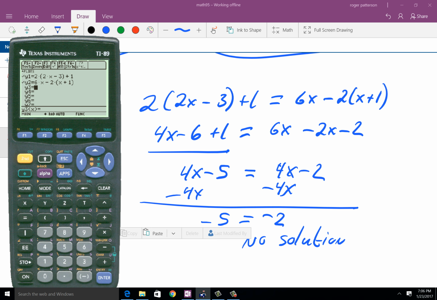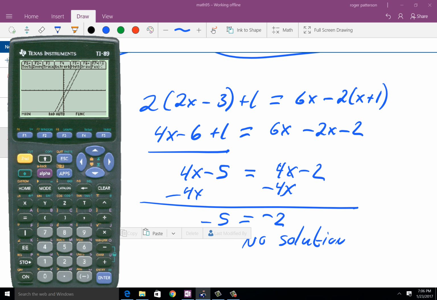Okay, here we go. I'm going to graph them. Oh, no, I'm not. There I am. Where's the other one? Ah, it's so close you can't see it. I'm going to have to zoom in on this one. Zoom standard, that should do it. There's that. And there's the other one. I don't know if you can see them.